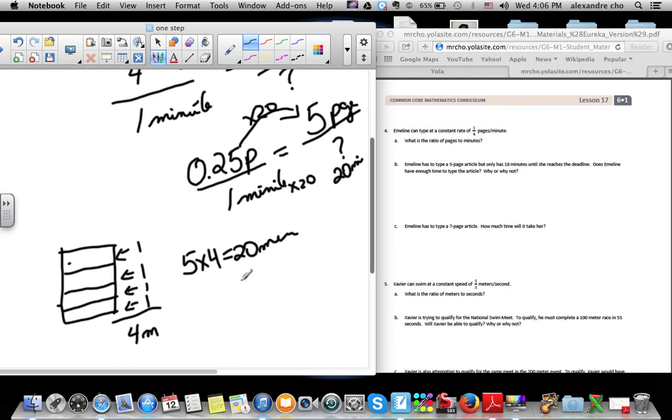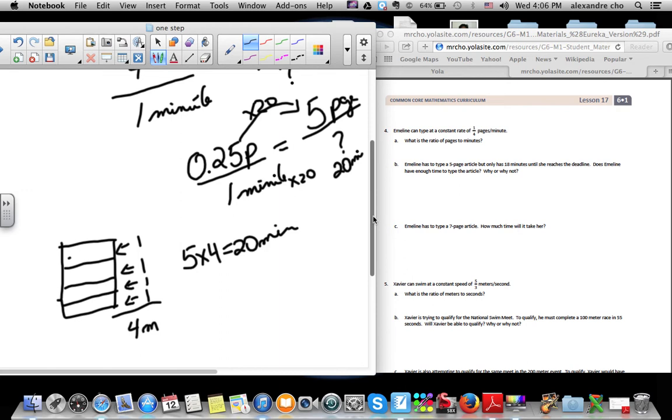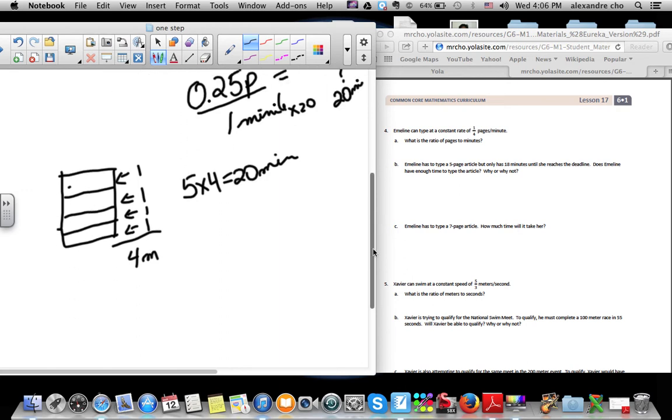And you didn't have to set up a proportion. So you had choices. Now C, she has to type a 7-page article. Well, you know one page takes her 4 minutes, so 7 times 4 would give you 28 minutes.